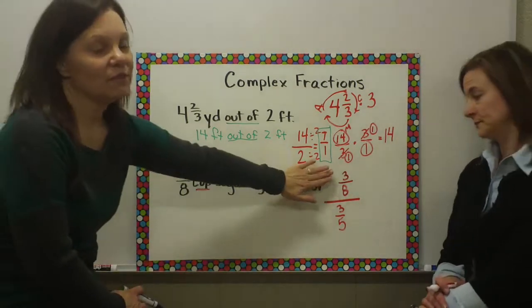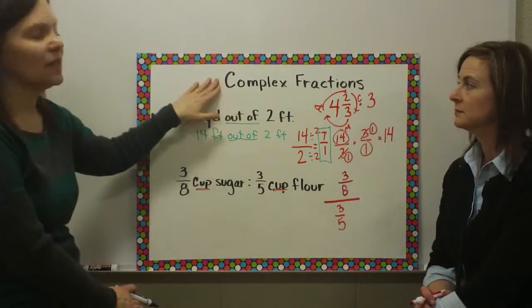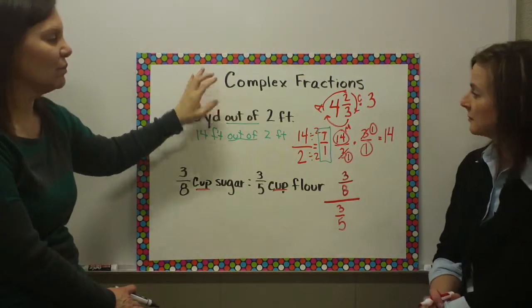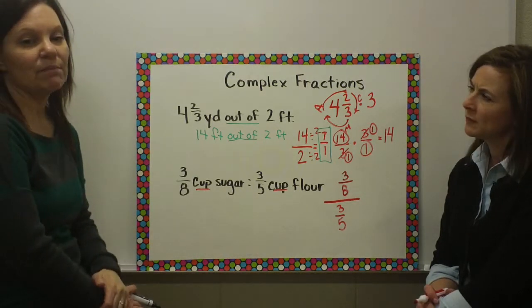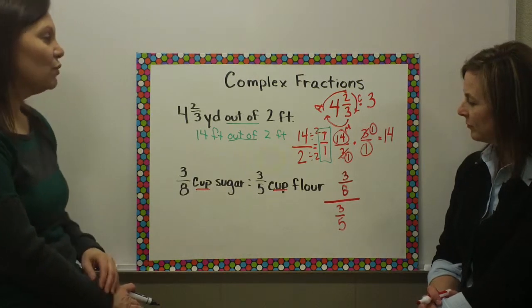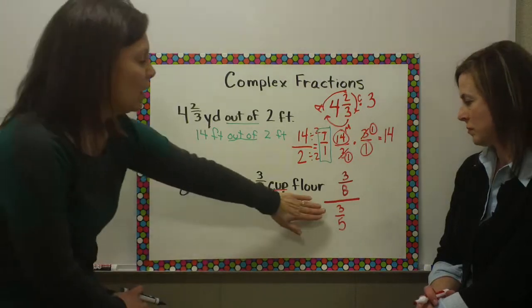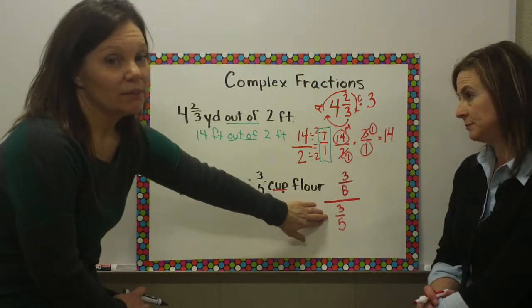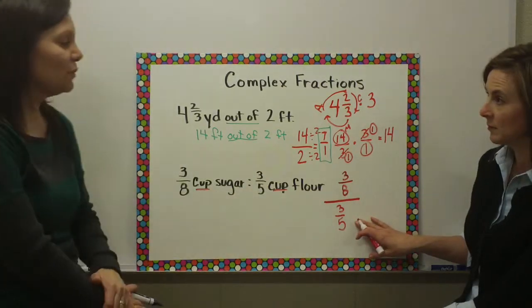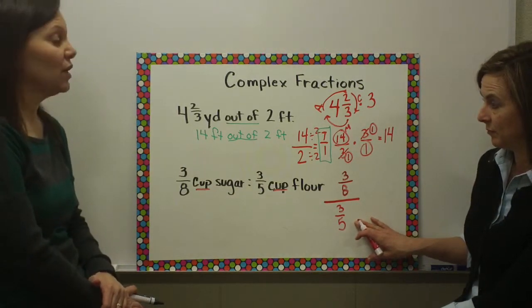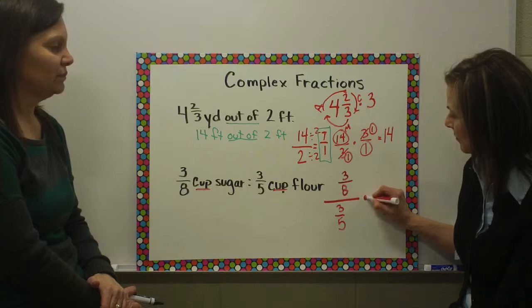All right, so we have fractions within a fraction. That's why it's called a complex fraction. Now, in order to work with this problem, when you have complex fractions, you are going to be multiplying by a reciprocal. So, for example, down on the bottom we have 3/5. The reciprocal is going to be 5/3.